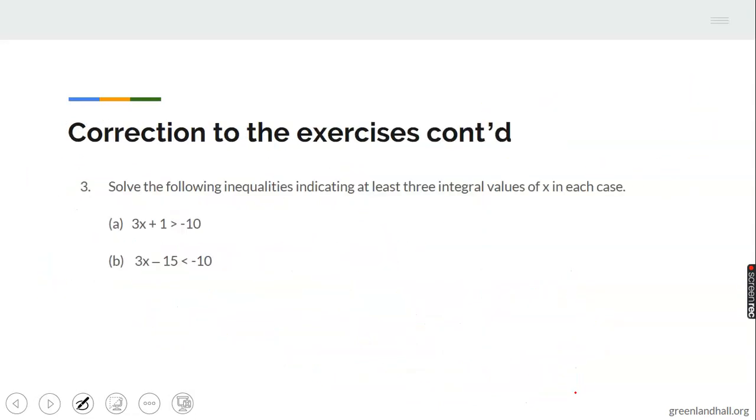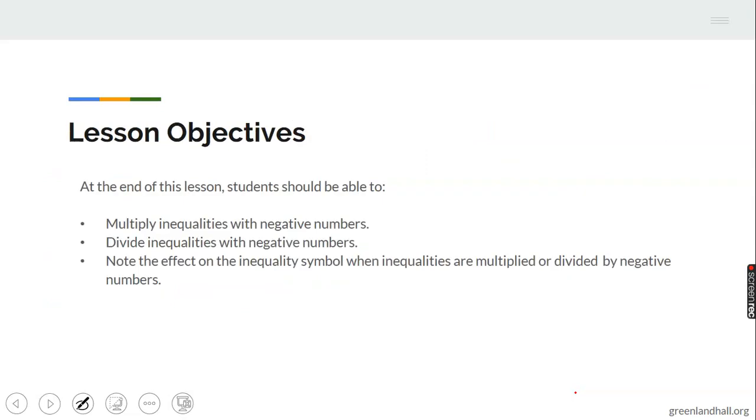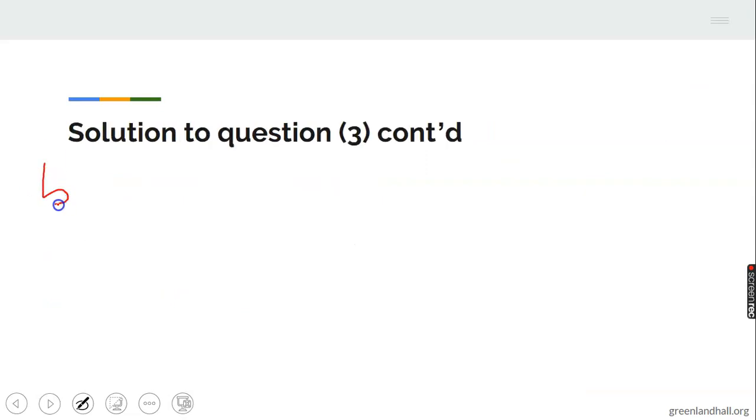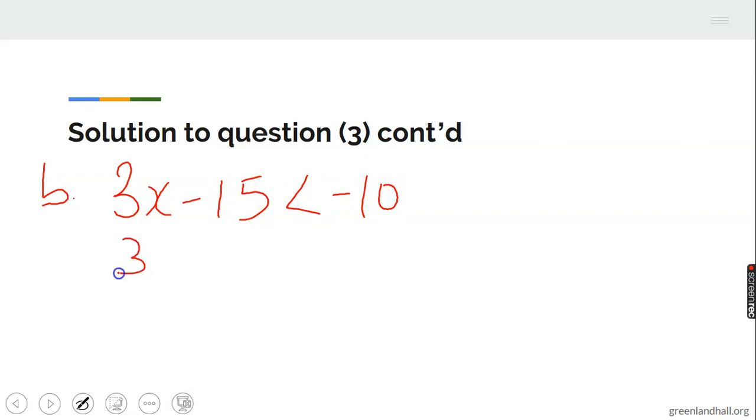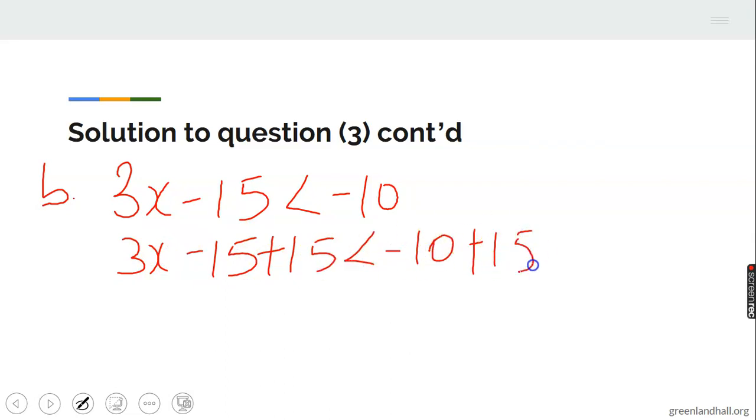Yes, the other question is 3x minus 15 less than minus 10. So you add 15 to both sides, that will be minus 15 plus 15 less than minus 10 plus 15.